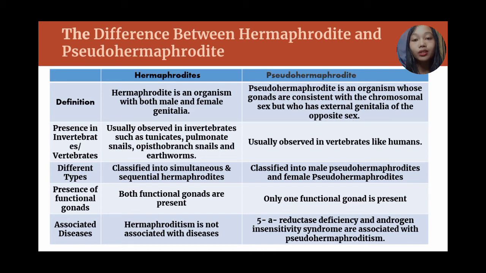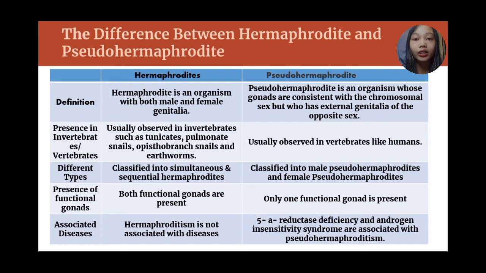So, this is the key difference between hermaphrodites and pseudo-hermaphrodites. Hermaphrodites are usually observed in invertebrates such as tunicates, snails, and worms. Pseudo-hermaphrodites are usually observed in vertebrates like humans. Thus, this is also a significant difference between them.